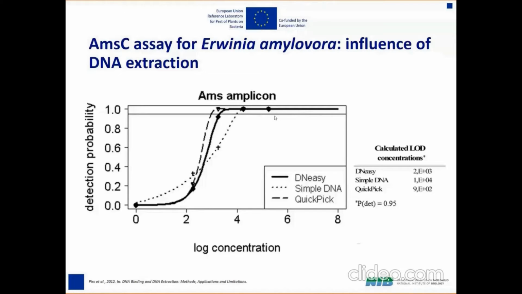So here then we have a bit more information on how our test behaves, and then we can decide what is more important to us. Is it more important to detect this part but lose this part, or we want, for example, in this case, BioNobel quick pick DNA extraction because it provides the more repeatable lower concentration detection, but peters out earlier on, for example.